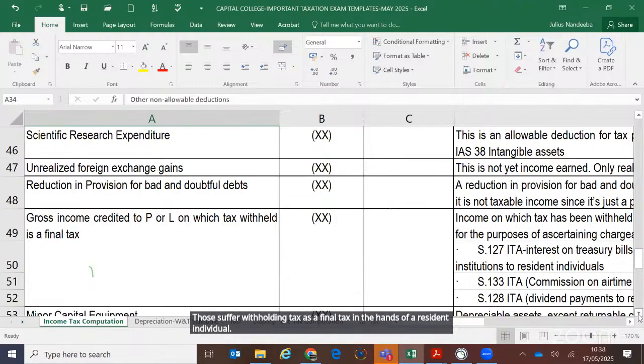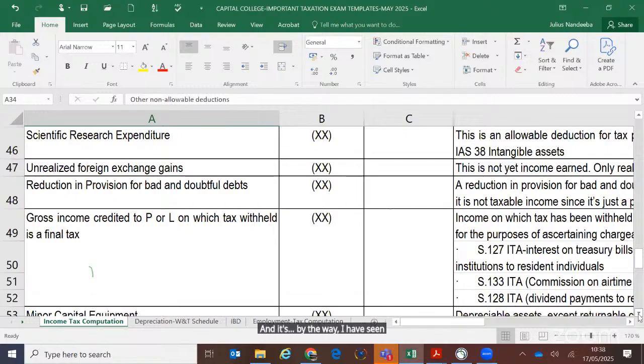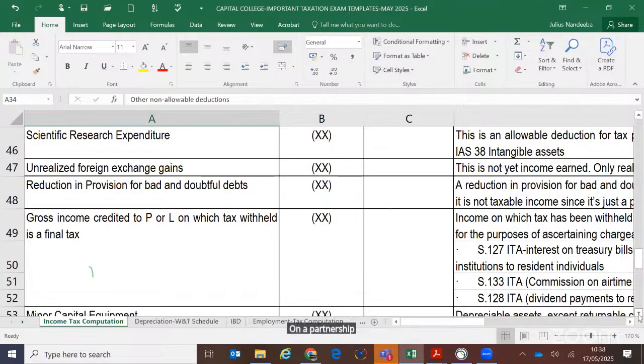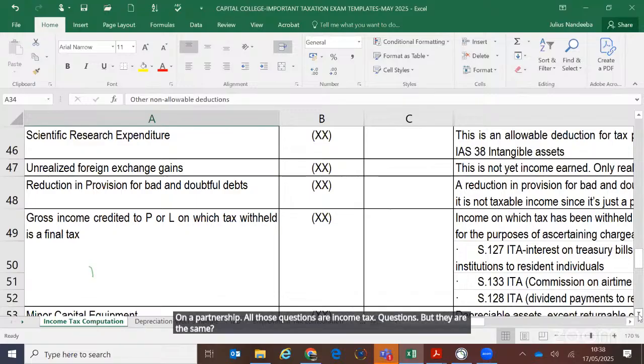By the way, I have seen a situation where the examiner asks in number one a company, and in the same exam asks another question on an individual, and in the same exam a question on a partnership. All those questions are income tax questions, yet the principles are almost the same.